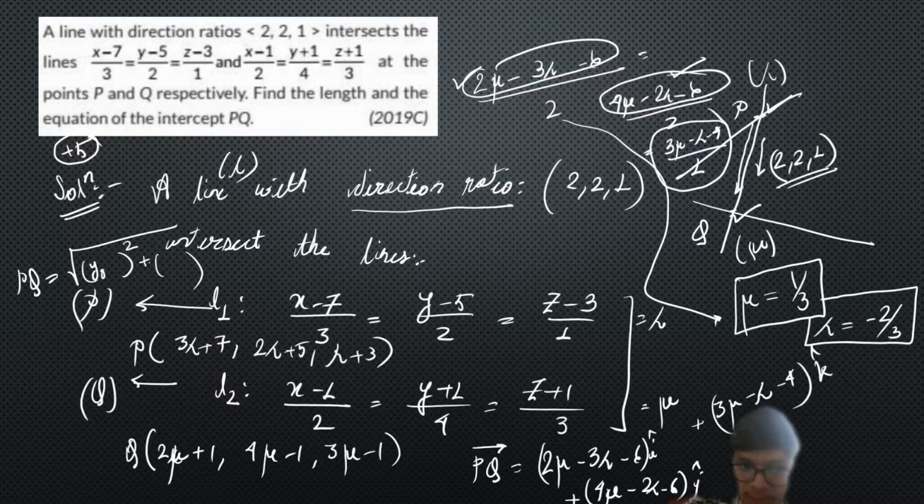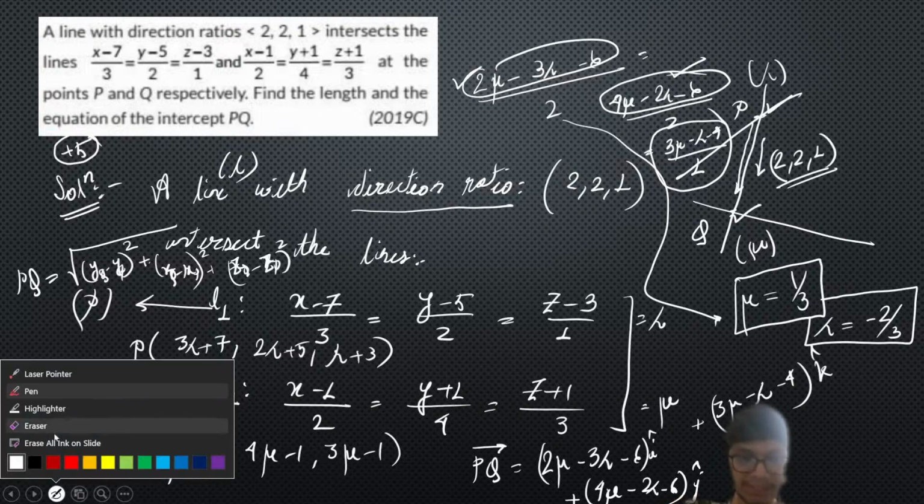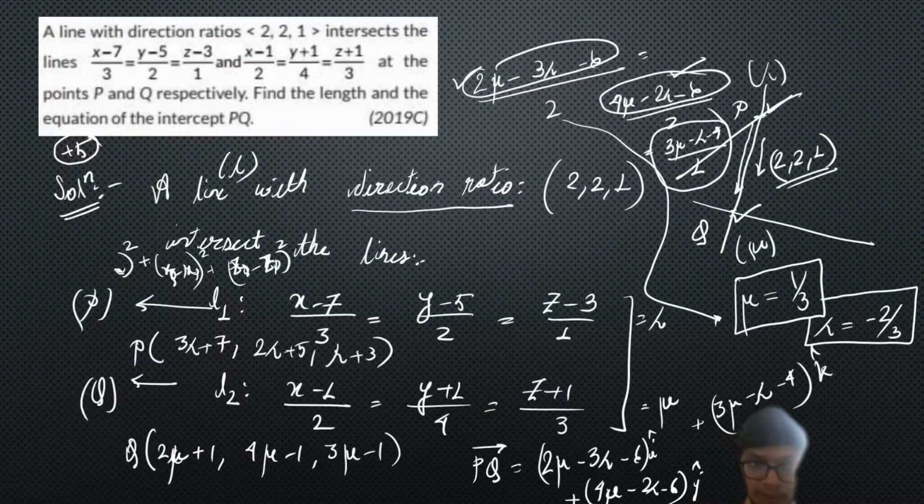So I'm writing it like this: yq minus yp whole square plus xq minus xp whole square plus zq minus zp whole square, right? That's how we get the value of this distance PQ. So please solve it and let me know the answer.